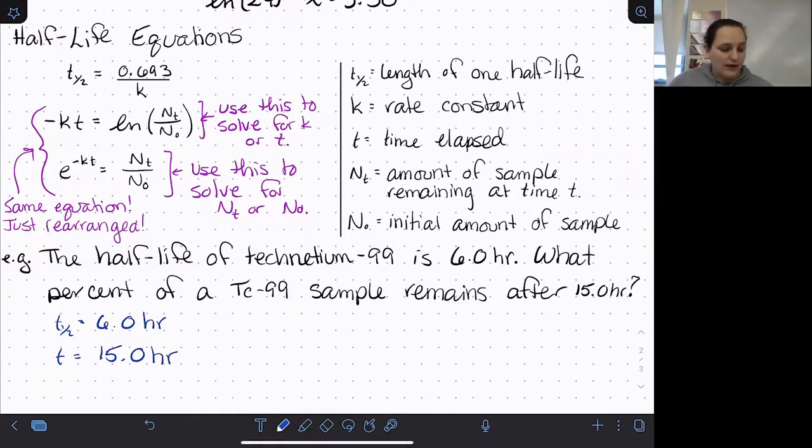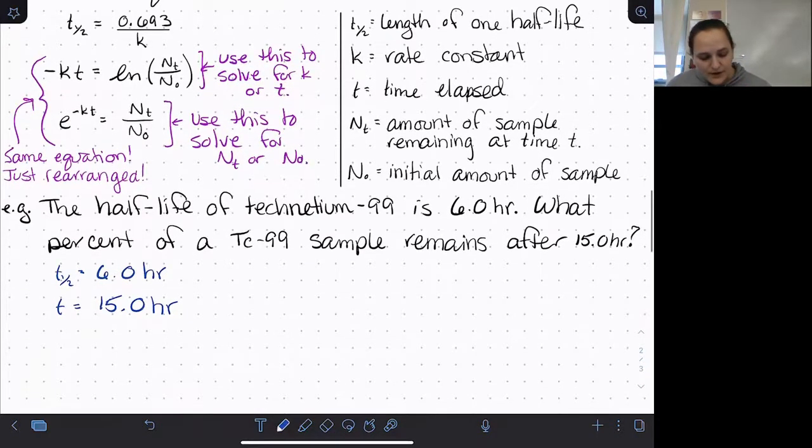So that's all I am explicitly told up front. I know that I'm looking for how much is left at time t, so that's what I'm solving for. I like to notate that as a question mark, that's my end goal I'm trying to solve for.